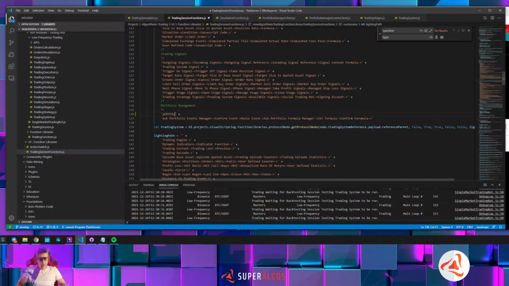Portfolio, oops, like this node. Portfolio managed system. Portfolio managed system. Good.